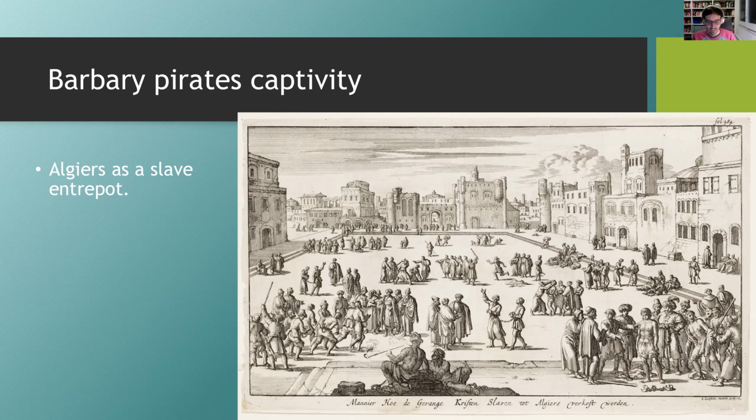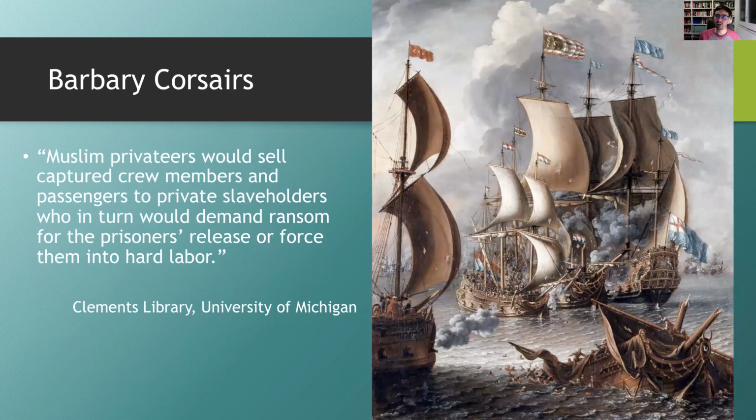in West Africa. So, the Barbary corsairs, as they are also known, were Muslim privateers who would sell captured crew members and passengers to slave holders, who would ransom them or force them into hard labor. And we have this happening beginning in the 13th century.